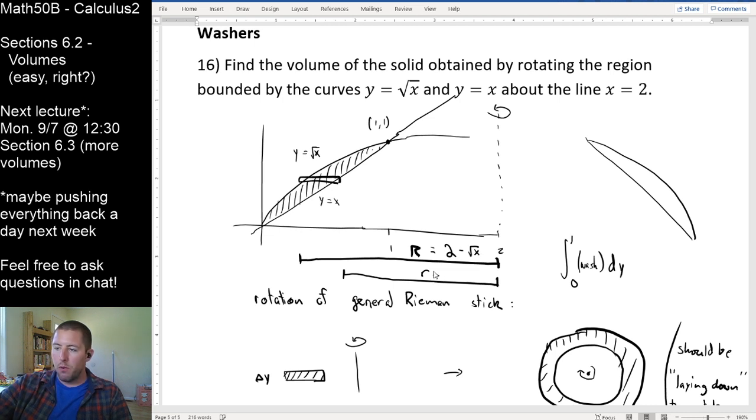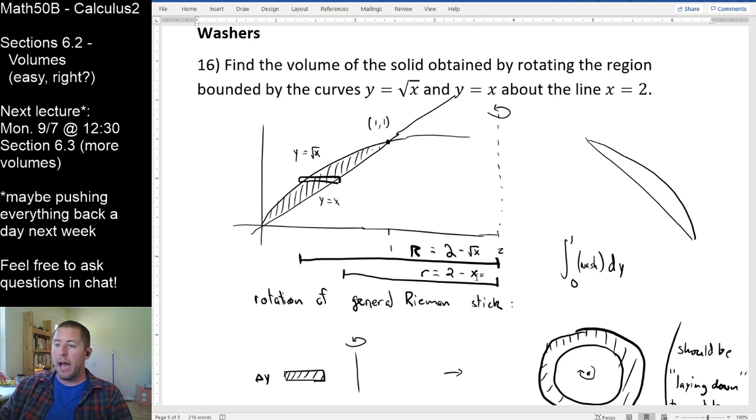Similarly, here, lowercase r says go all the way out to 2, but chop off this initial part. And this initial part will always just be however far you went out in terms of x. So those are my big and my small radii right now, 2 minus root x and 2 minus x.